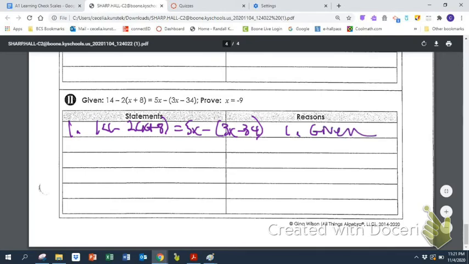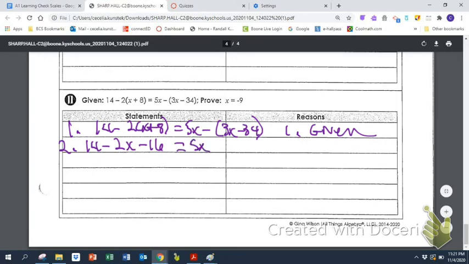Now, the next step we can see is we're going to distribute, because in our next step, we will have 14 minus 2x minus 16, because we're going to multiply negative 2 times x and negative 2 times 8, is equal to 5x.